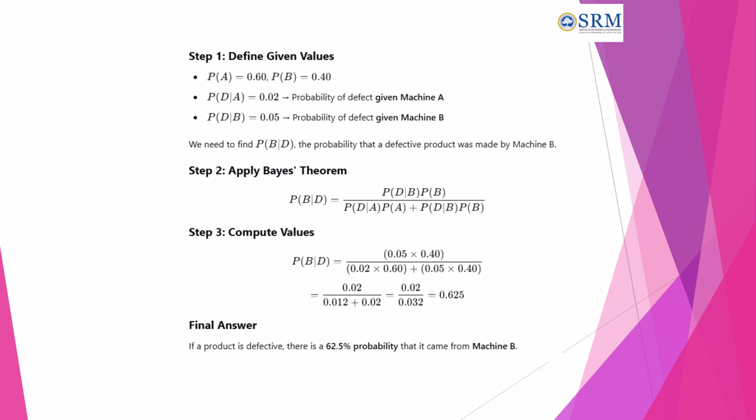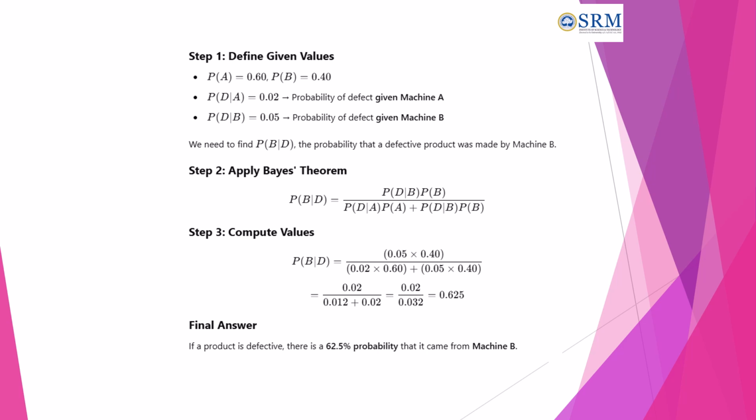Using this information, we can calculate the probability that a defective product came from machine B. First, we know that machine A makes 60% of the products and machine B makes 40%. Also, 2% of machine A's products are defective while 5% of machine B's products are defective. Our goal is to find the chance that a defective product actually came from machine B. To do this, we use Bayes' theorem. This formula helps us combine the chance of a product being defective from each machine with how much each machine produces overall.